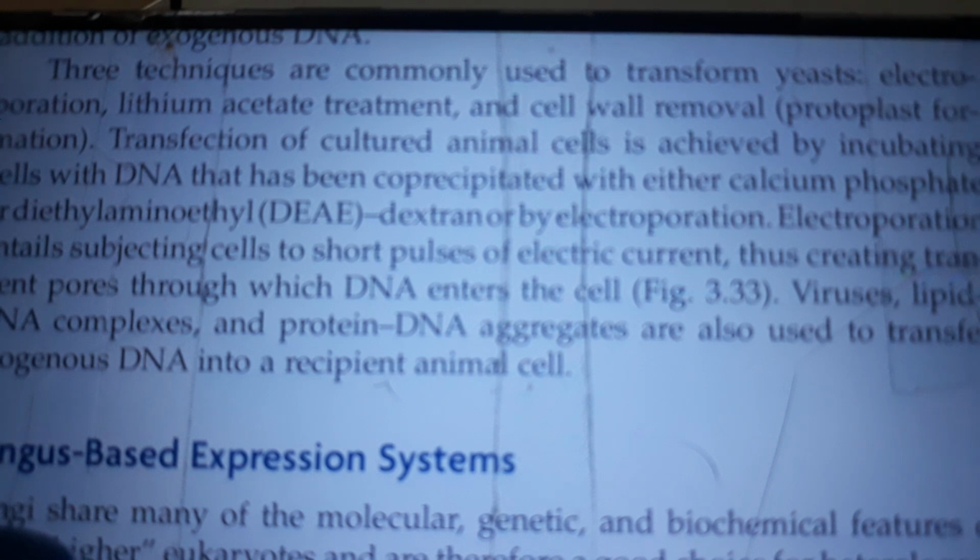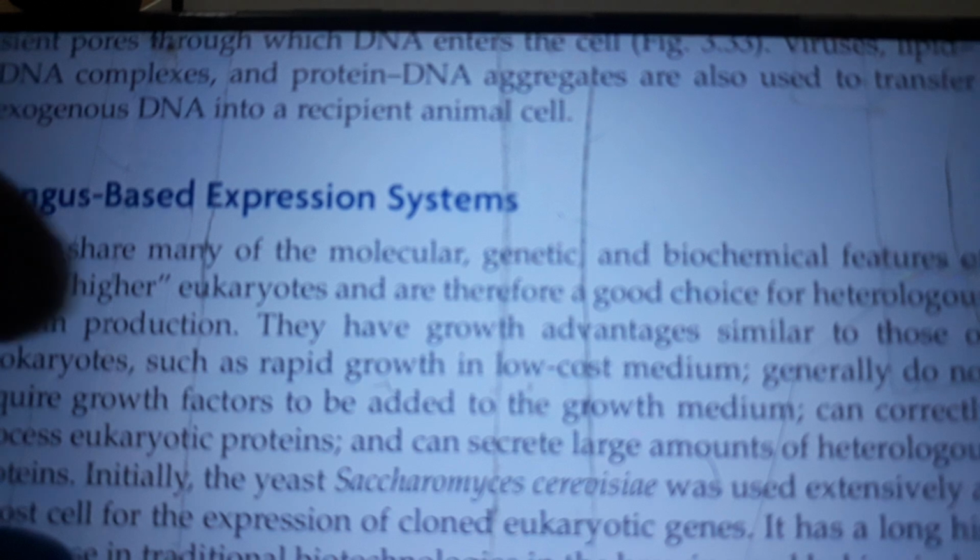Viruses, lipid-DNA complexes, and protein-DNA aggregates are also used to transfer exogenous DNA into a recipient animal cell.